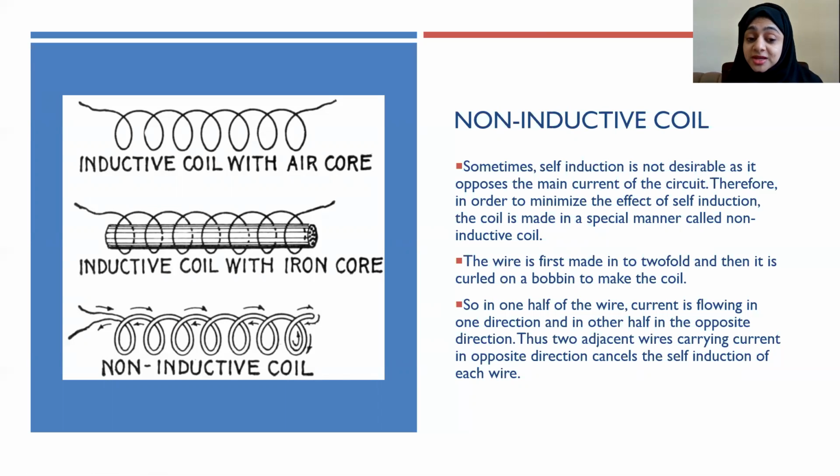So the self-induction produced by the wire which carries current in this direction will be cancelled by the EMF self-induction produced by current flowing in the adjacent wire where the current is flowing in the opposite direction, because they will be in opposite direction. So when you wind the coil of wire in this manner, which is usually called the non-inductive coil, we can minimize self-induction.